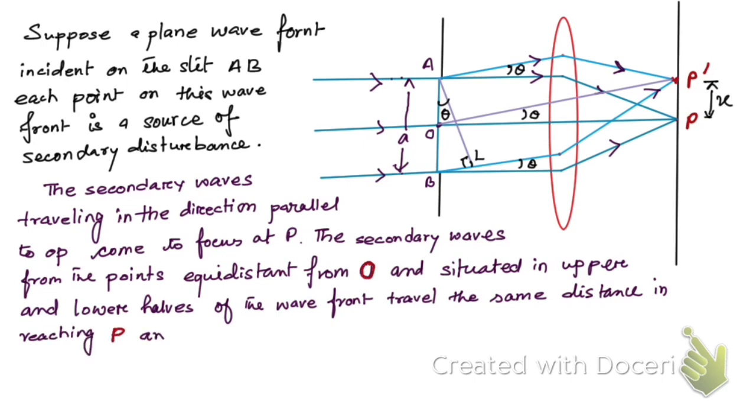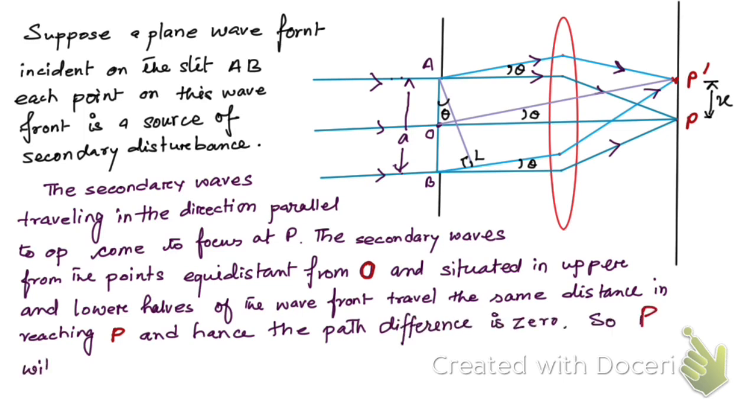So that's why this point P, right, that point P will be the point of maximum intensity. Here we're going to get the central bright fringe, actually maximum intensity, right? So hope you have understood this.